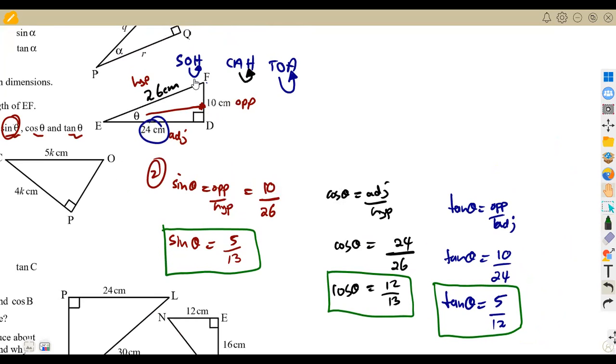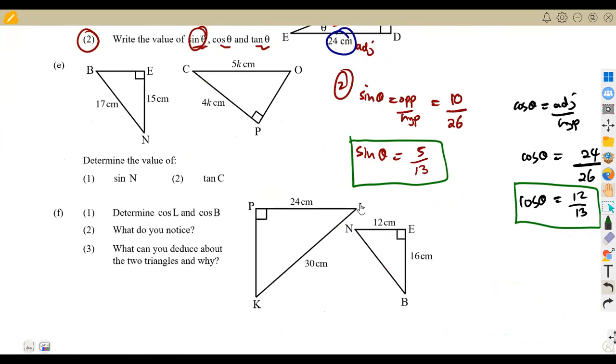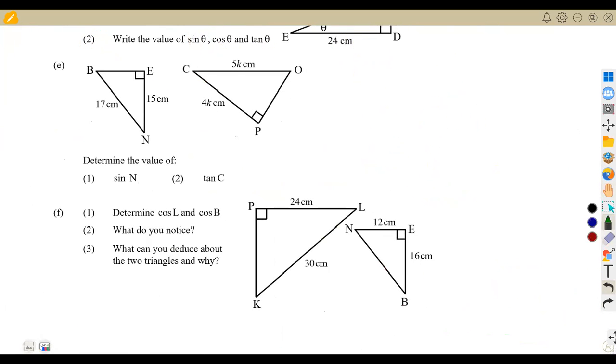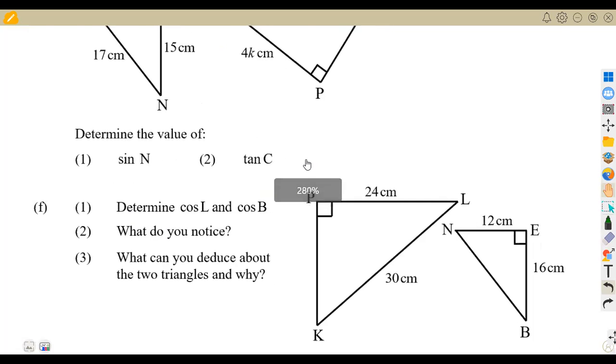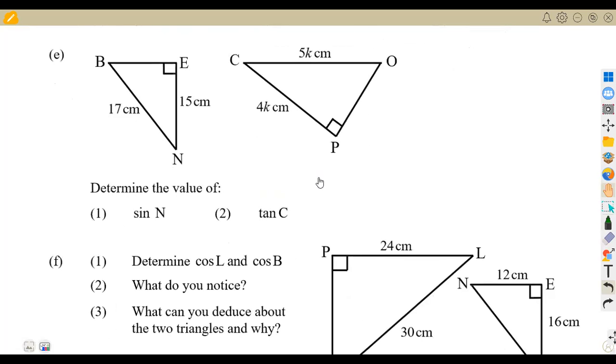And you can use your mnemonic, the SOHCAHTOA concept, to determine whatever trigonometric ratio you're given. Is it for tan? Is it for cos? Is it for sine? This is the same concept that you're going to see applied throughout, and sometimes also the application of the Pythagoras theorem in calculation of the third side when you are given two sides.